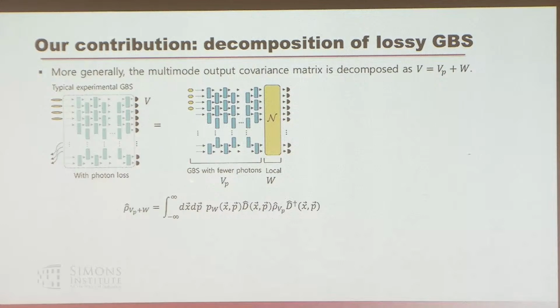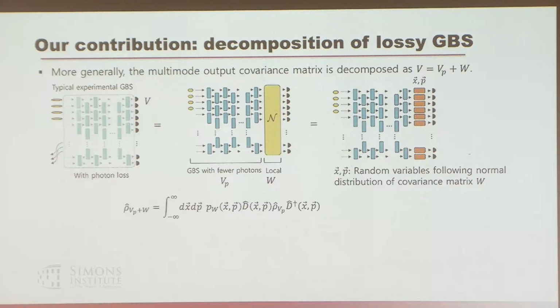So I assume that the first layer is a pure state, so that we can always write it as a noiseless Gaussian boson sampling circuit. And the second layer is a Gaussian convolution that can be done using a local operation up to this randomness.